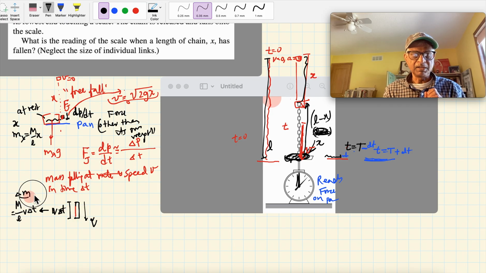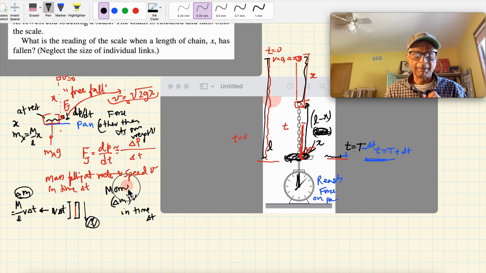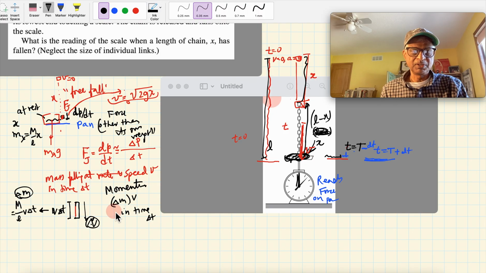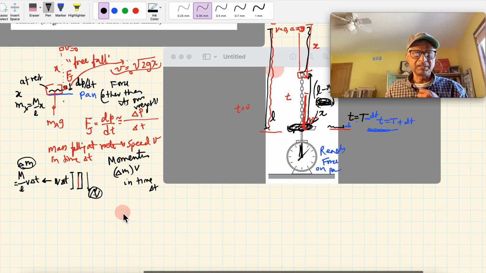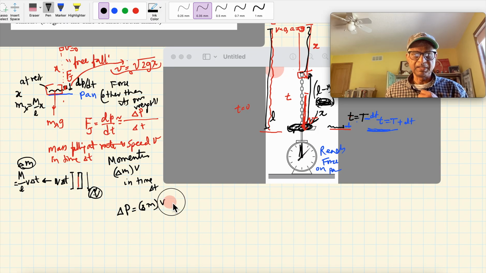So that much mass will carry a momentum: delta m times v in time delta t. So that much momentum is coming, right? So we can write down the amount of momentum is delta m times v, and it immediately comes to rest.